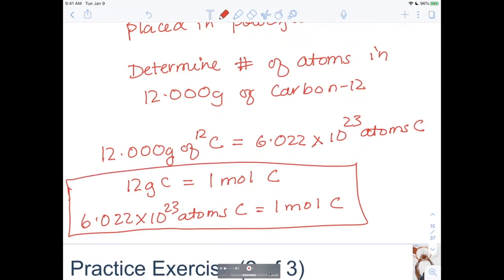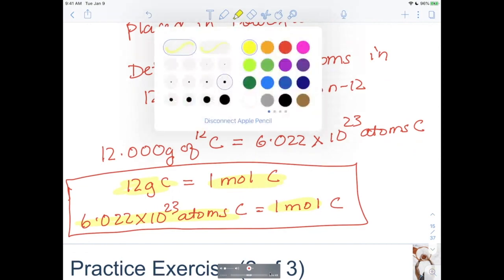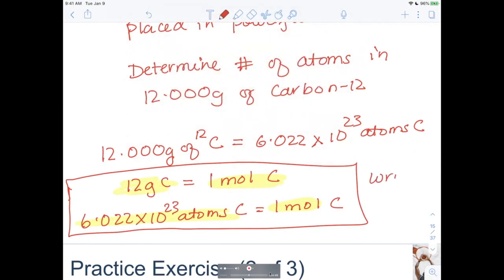You have a mole relationship that has to do with the weight amount, which is the grams, or the periodic table mass, and you have a molar relationship that has to do with the counting amounts, this. You want to have both molar relationships in your list of tools for conversions, okay? So make sure you write this down somewhere. When you're converting down the road and you need a molar conversion, you're going to be using this.